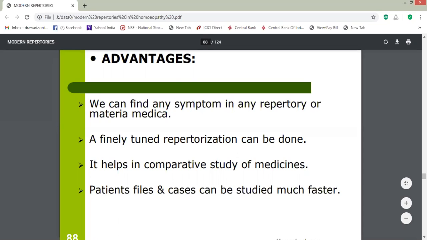But in these softwares, we can easily find the patient's history and basic information for research purposes.